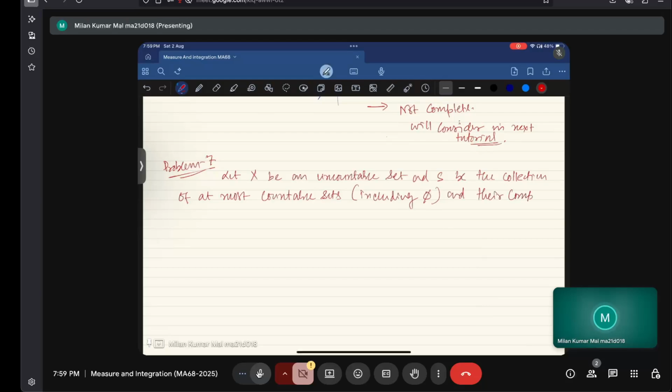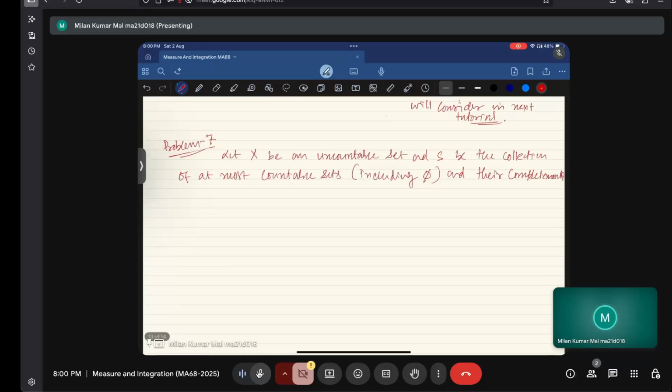So this is actually an algebra, because the empty set is there and its complement is there. That means X is there. So that's what makes it an algebra.